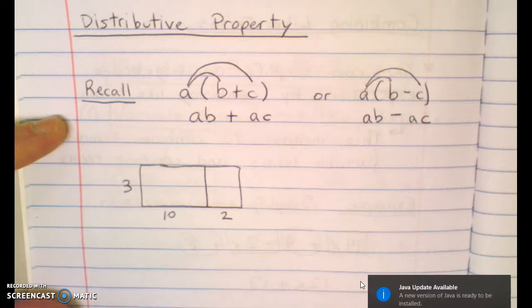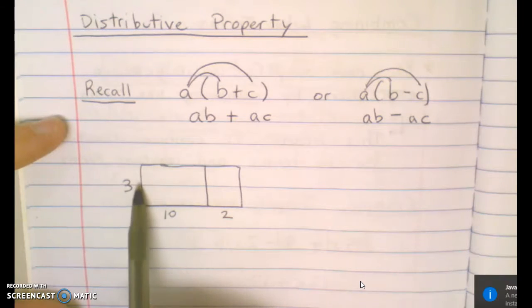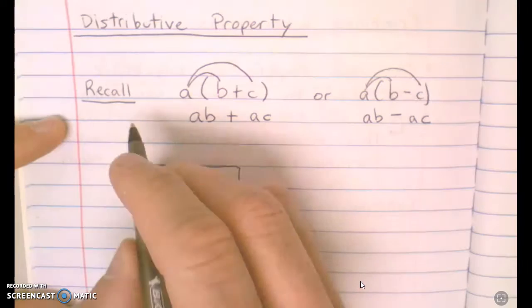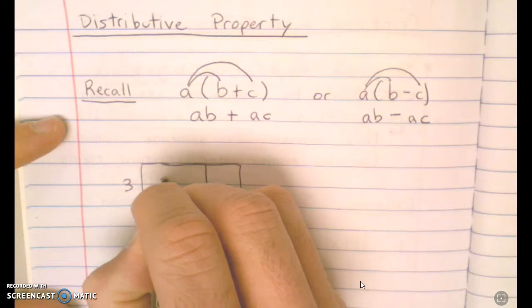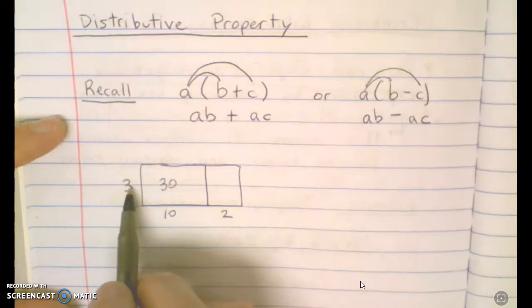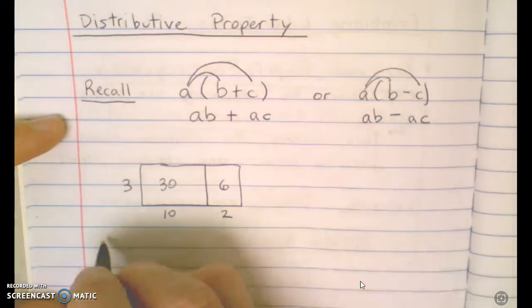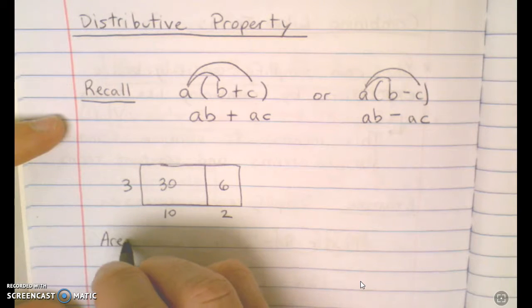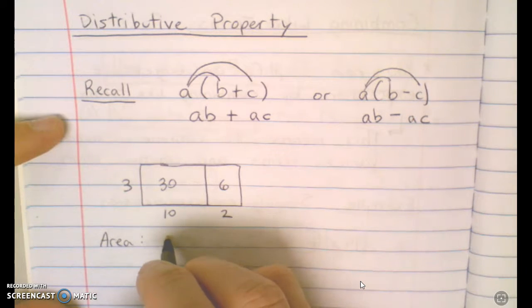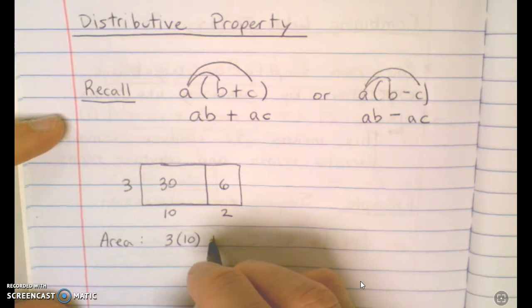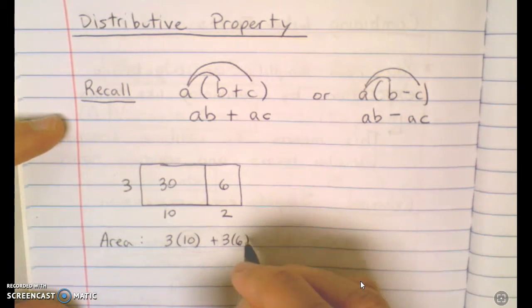To find the area of a rectangle, remember, area is the length times the width. So if we found the area of this rectangle, we would have 3 times 10, which gives me 30, and then 3 times 2, which gives me 6. So the area was 3 times 10 plus 3 times 2, sorry.